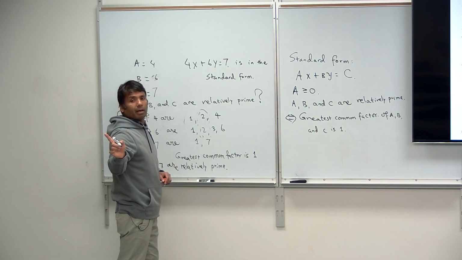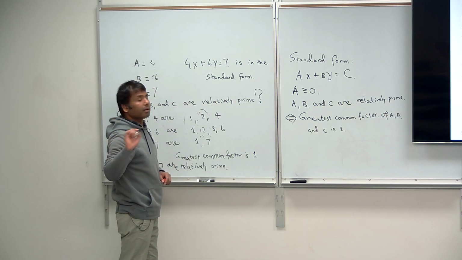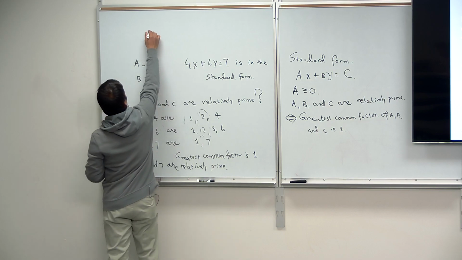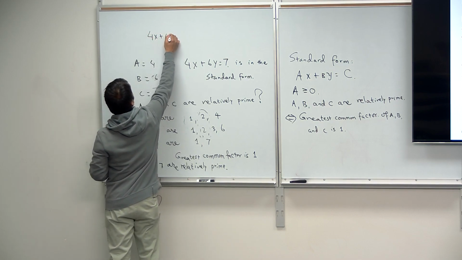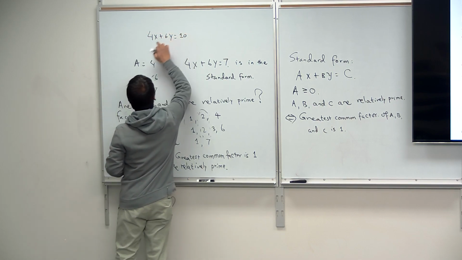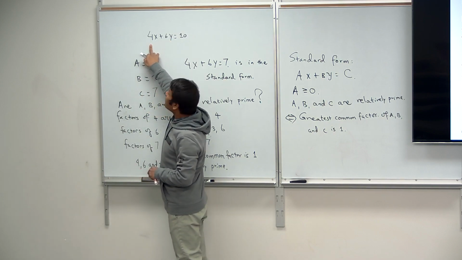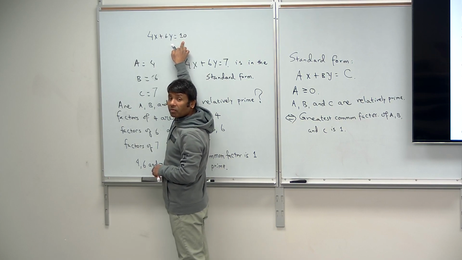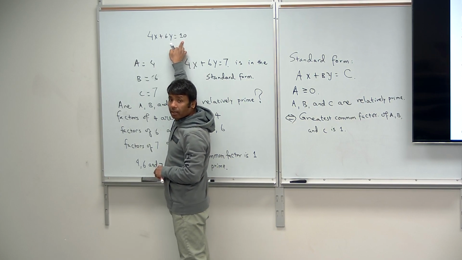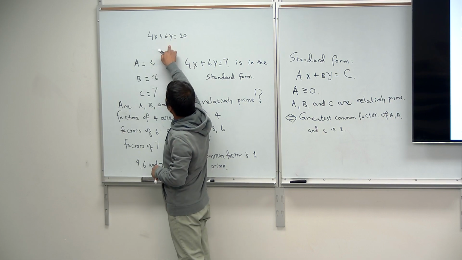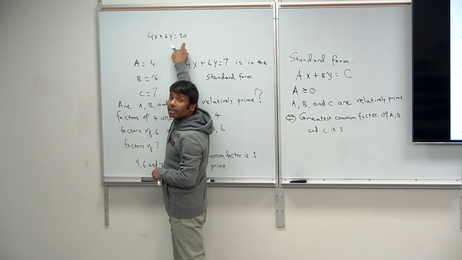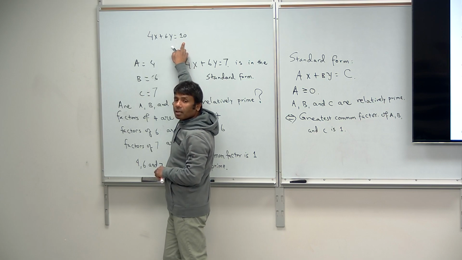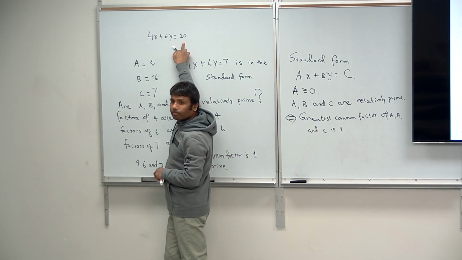Did you get it? But if you have, let's say, 4x plus 6y equal to 10, you see this 4, 6, and 10 are not relatively prime because their greatest common factor is not 1. This 4x plus 6y equal to 10 is not in standard form.